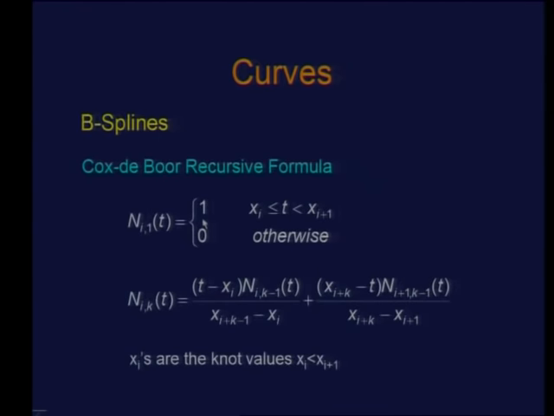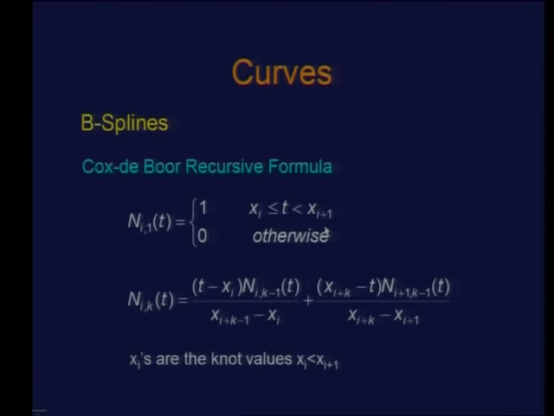And if we see how these N_i,k's are computed, they are computed in a recursive manner, where the base case is for N_i,1, which is nothing but a step function defined as 1 or 0. So, it is 1 when the parameter t is in the knot values x_i to x_i plus 1. So, there is also a notion of knot vector, which are in some way the junction points for the parameter domain for the curves, right.